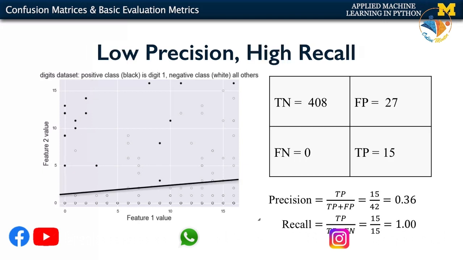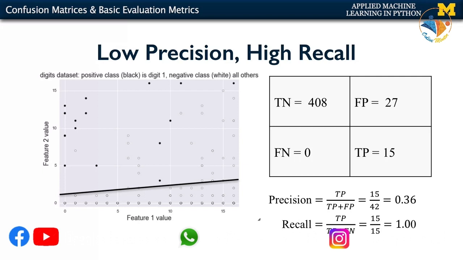On the other hand, if our classification task is like the tumor detection example, we want to minimize false negatives and obtain high recall, in which case we would want the classifier's decision boundary to look more like this. Now, all 15 positive instances have been correctly predicted as being in the positive class, which means these tumors have all been detected.